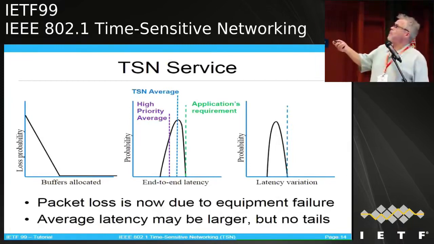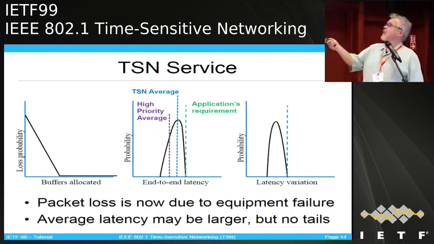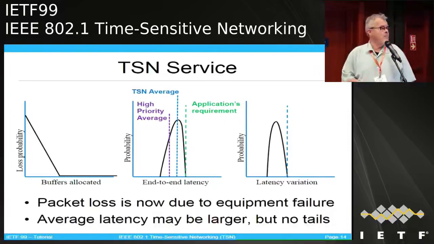My latency is now a curve that has a minimum because it takes a certain amount of time to get there no matter what, but I've got a maximum latency that I do not exceed, and there is no tail past that. Typically, that maximum latency, there's my average latency. My average latency is typically somewhat higher than it would be if I simply gave the packets higher priority.